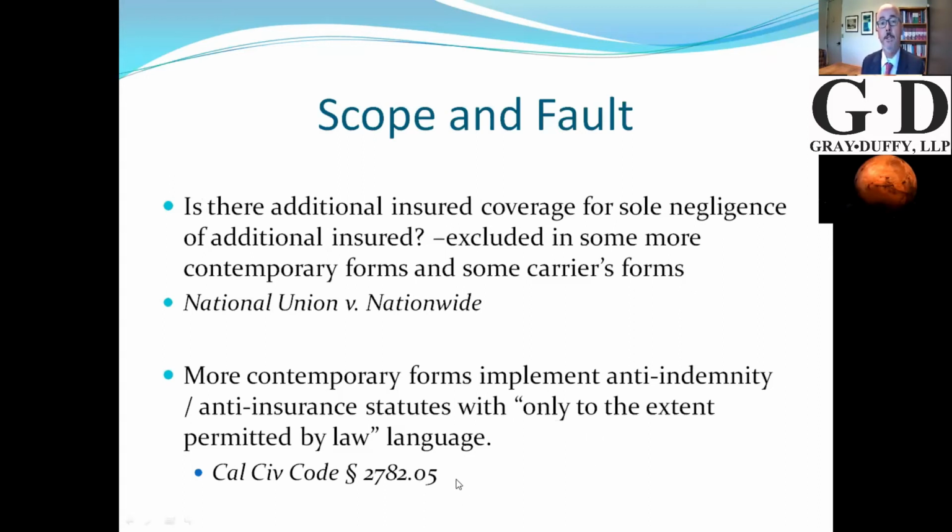An example of a statute that prohibits this might be California Civil Code 2782.05, which prohibits indemnification by additional insurance to the extent the general contractor was at fault in a residential construction setting. Okay, so in that situation, California law prohibits indemnification.